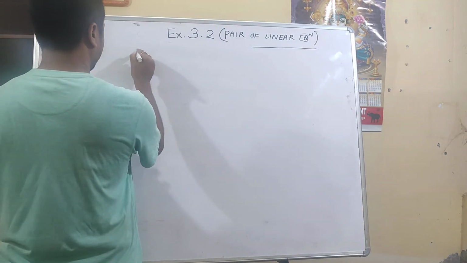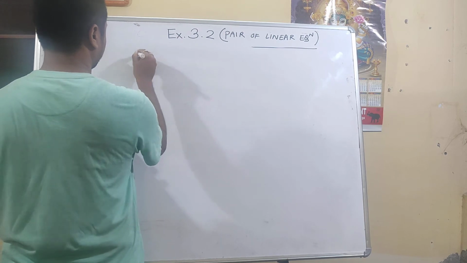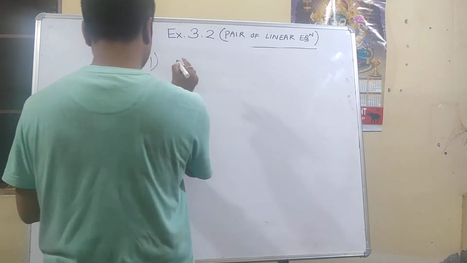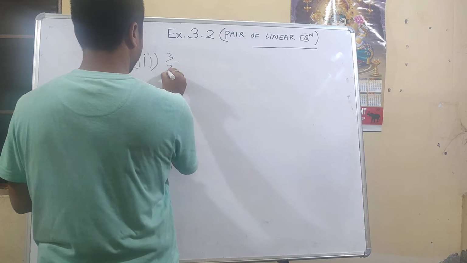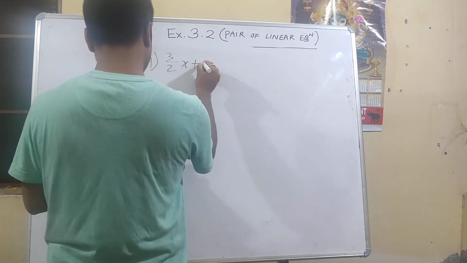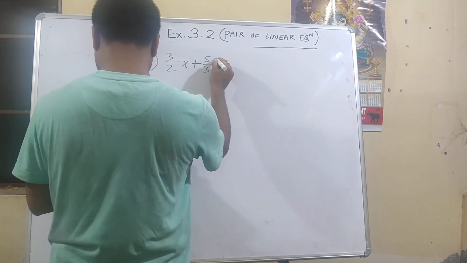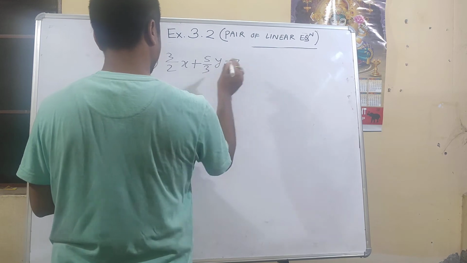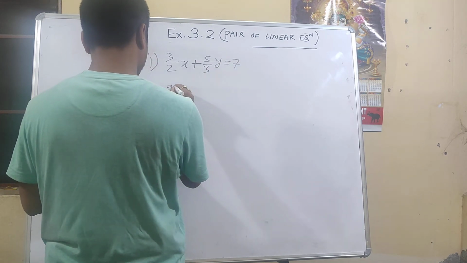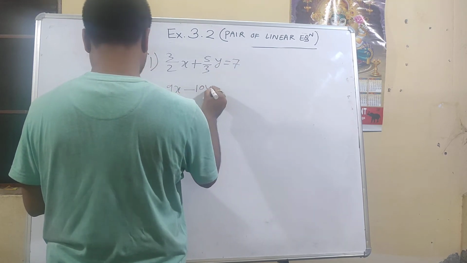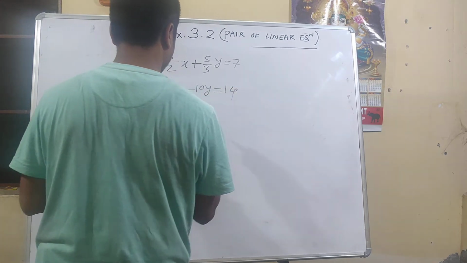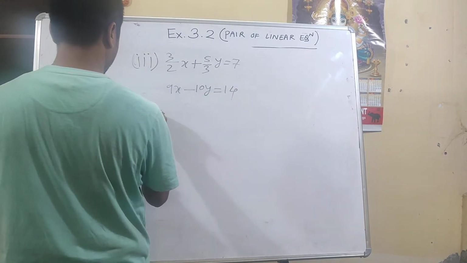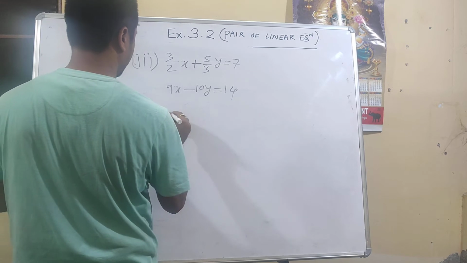Last, number 3. 3 by 2 x plus 5 by 3 y is equal to 7, and 9x minus 10y is equal to 14. Now find a1 by a2.